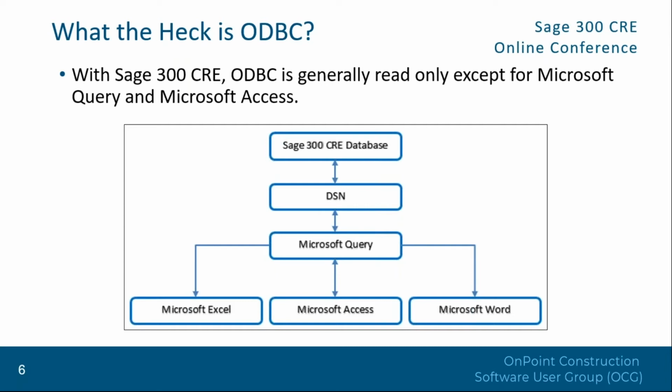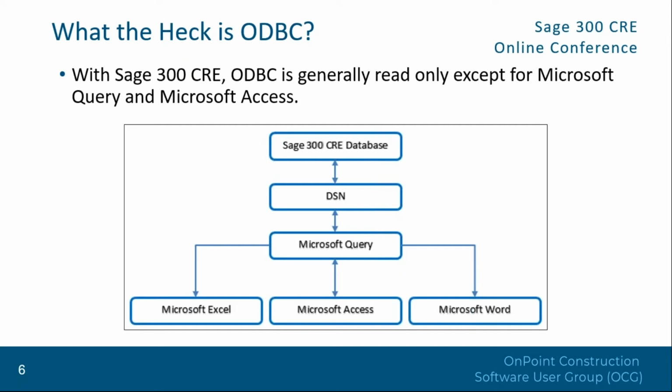However, there are two programs, Microsoft Query and Microsoft Access, where the arrow goes both ways. And what that tells me is if we have the correct rights to do it, and the program is structured so that we can either create or modify a field, we can not only read data, but we can also modify it back in the original database.